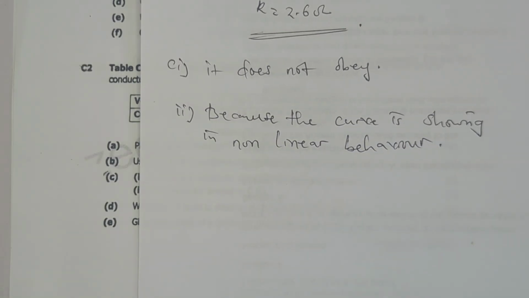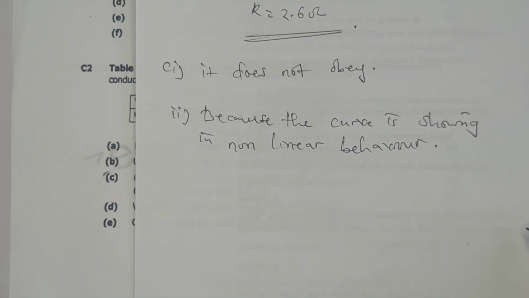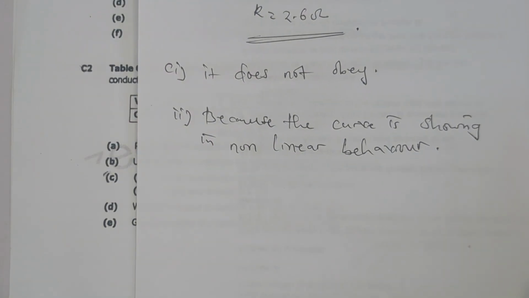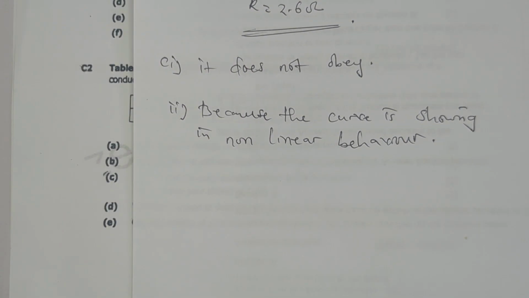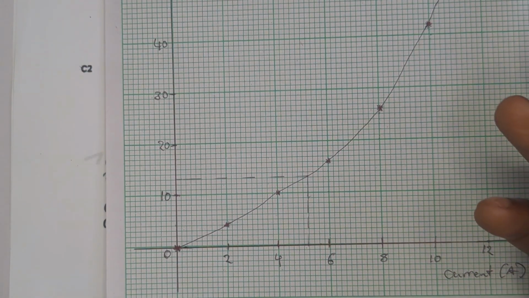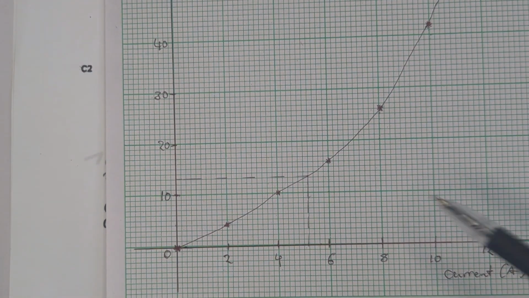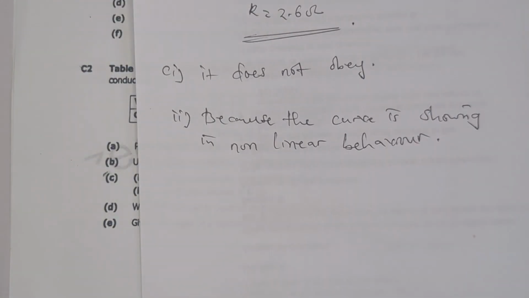So for a conductor to obey Ohm's law, its graph must be straight without curving. The graph that we have, it is curving. So when it is curving, it does not obey Ohm's law. When it is in a linear form, it obeys Ohm's law.